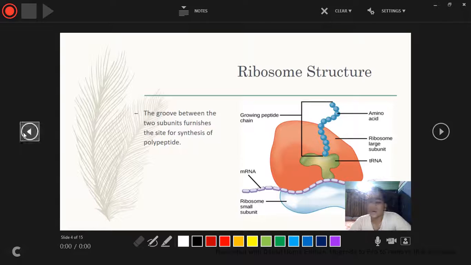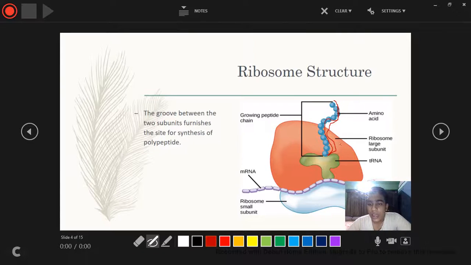This is the structure of ribosome. Some part is hiding for my video, maybe. Whatever, let us talk about the structure. This is the amino acid chain. Amino acid means the proteins, right? This is the amino acid chain linked with the ribosome, produced from the ribosome.